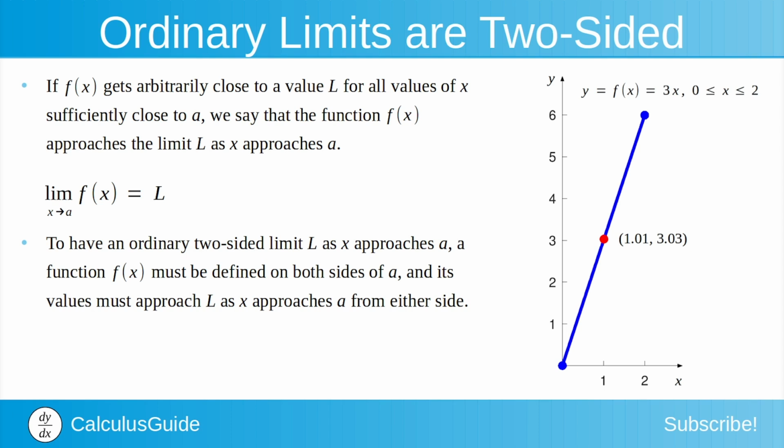So 3x approaches the limit 3 as x approaches 1, and we write this in the following way. This limit is an ordinary two-sided limit.